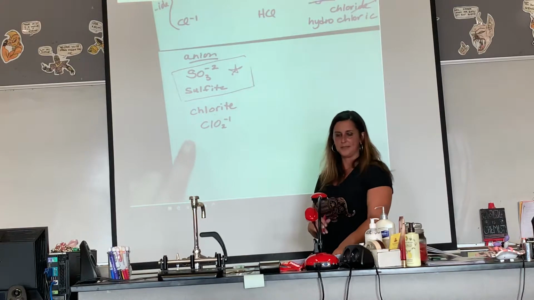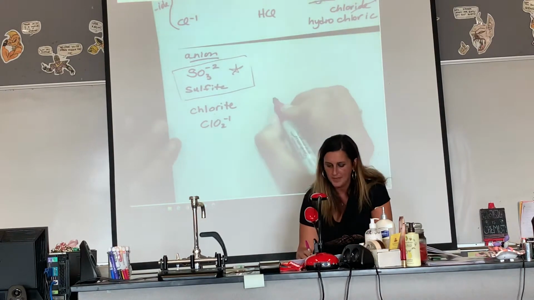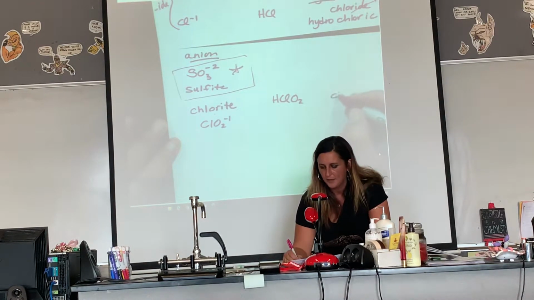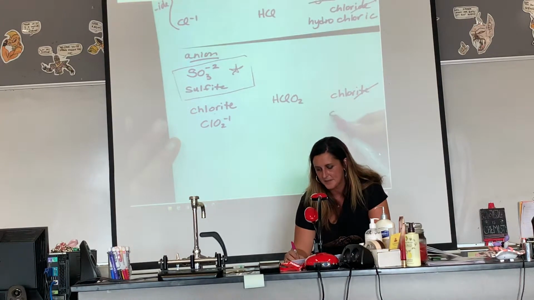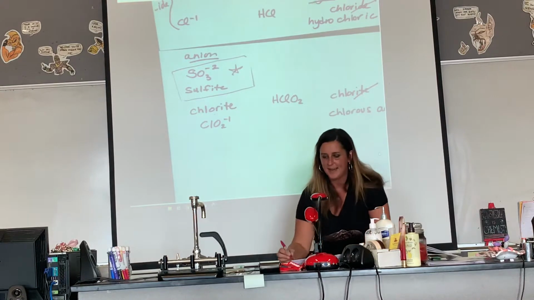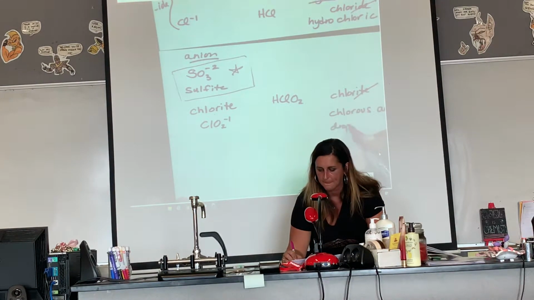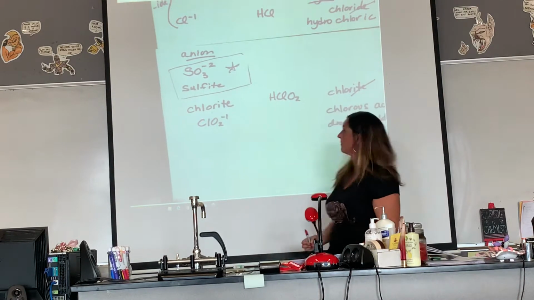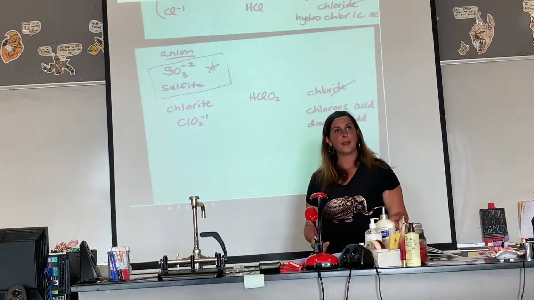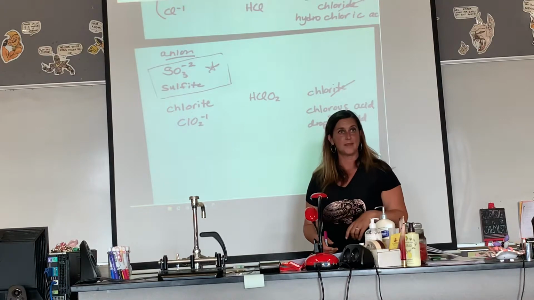If we have the substance chlorite, its acid would be HClO2, and the rule is you drop the ite and add us, so it would be chlorous acid. So chlorite turns into chlorous acid.